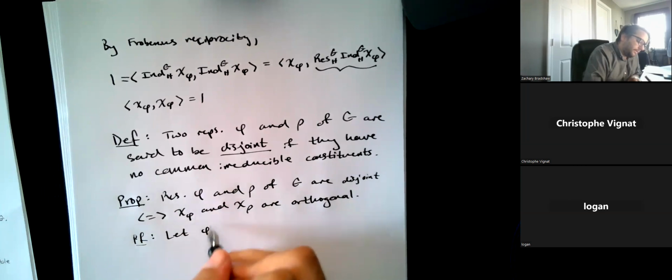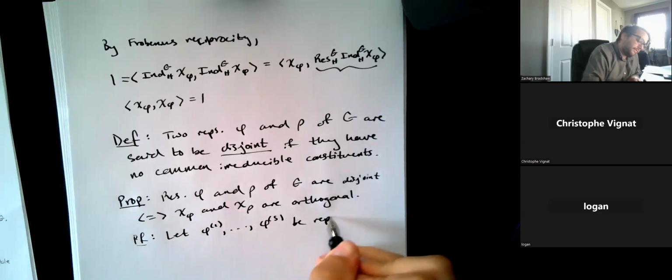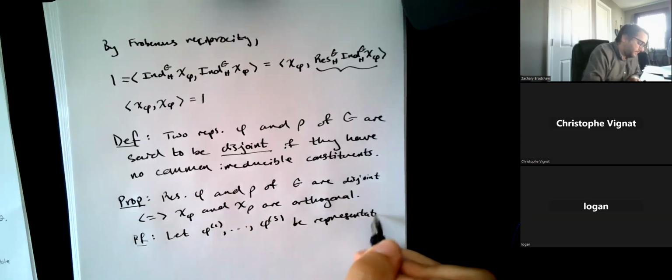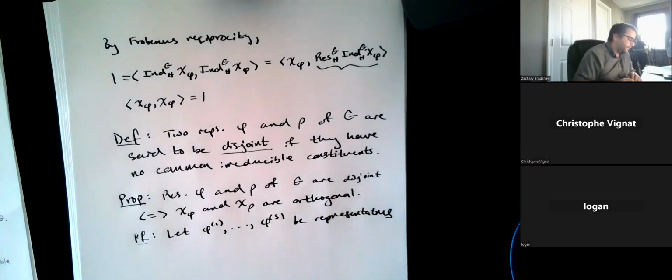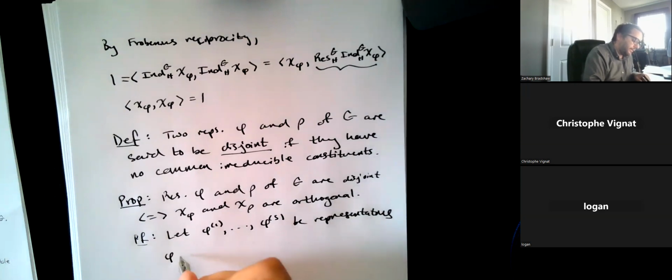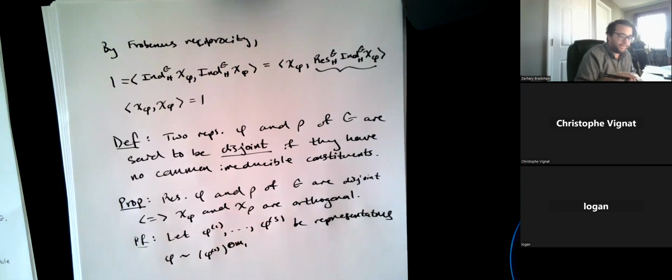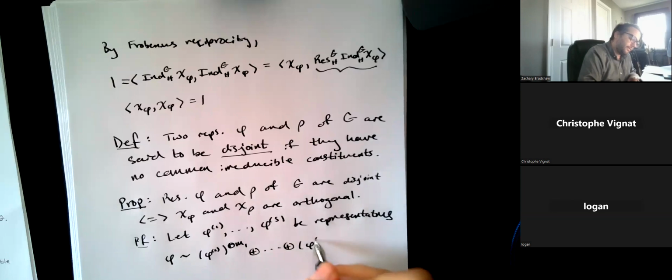Let phi 1 through phi s be representatives for the equivalence classes of the irreducible representations of G. So that means that we can write phi as being equivalent to phi 1 direct sum with itself m1 times, up to phi s direct sum with itself ms times.